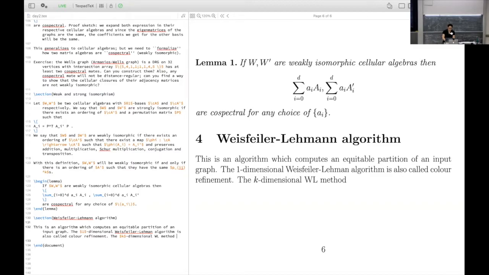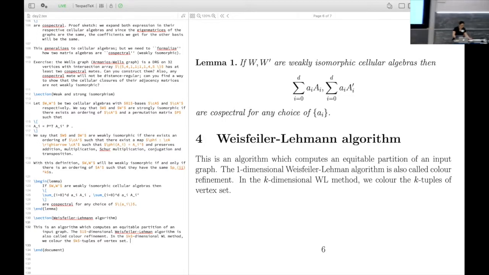In the k-dimensional method, because we're going to give the more correct version shortly, we color the k-tuples of the vertex set. And I really do mean k-tuples. They're ordered, not subsets. So in the first step, we color with respect to the isomorphism type, which we'll have to define more strictly in the following text.